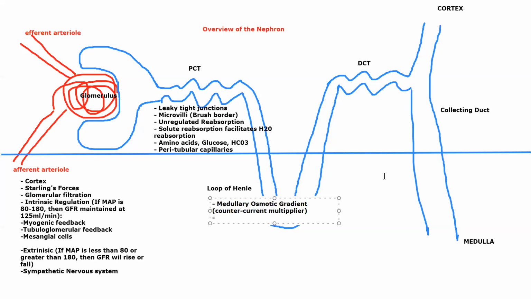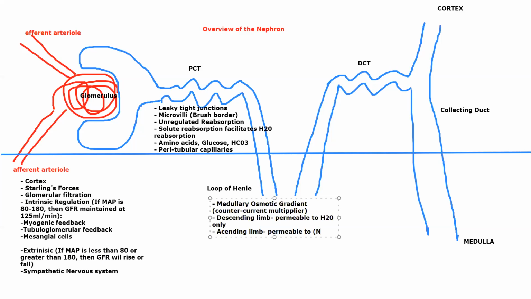So have a good understanding of that, have a good understanding of how it's brought about, the fact that the descending limb is permeable to water only, and the ascending limb is permeable to solutes only.